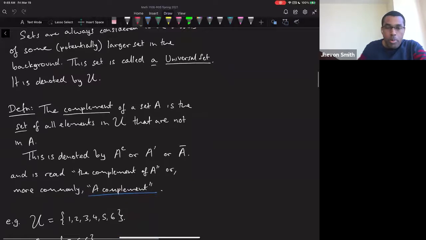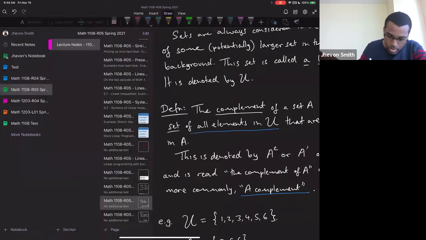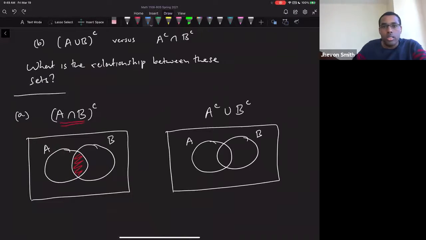Yeah, the complement is the set of all elements in the universe that are not in the set, not in A, right? Now the universe is the entire box. Everything that's in the box is the universe, right? So here's a set. I have the set A intersect B, which is shaded in red.